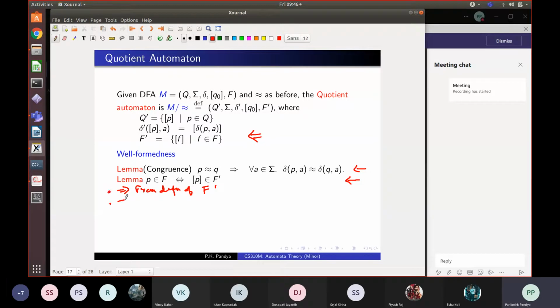What about the reverse implication? For showing the reverse implication, what do we have to say? If the equivalence class of P belongs to F prime, this implies there exists Q belonging to F such that Q is equivalent to P. Let me rub this out.